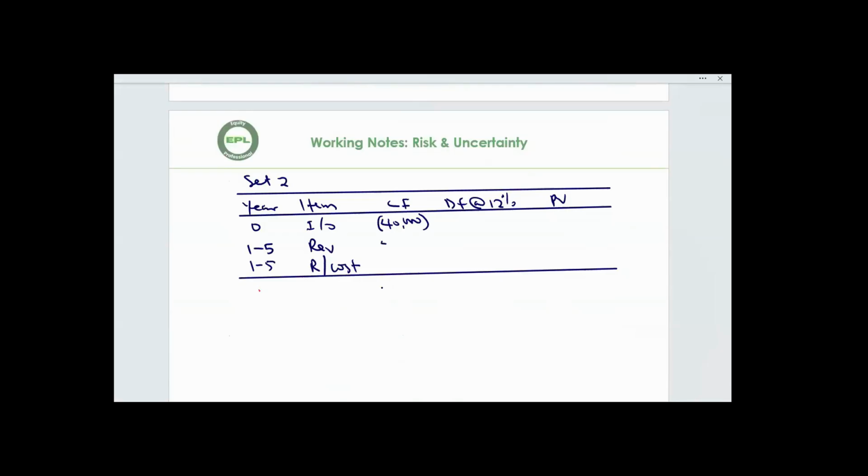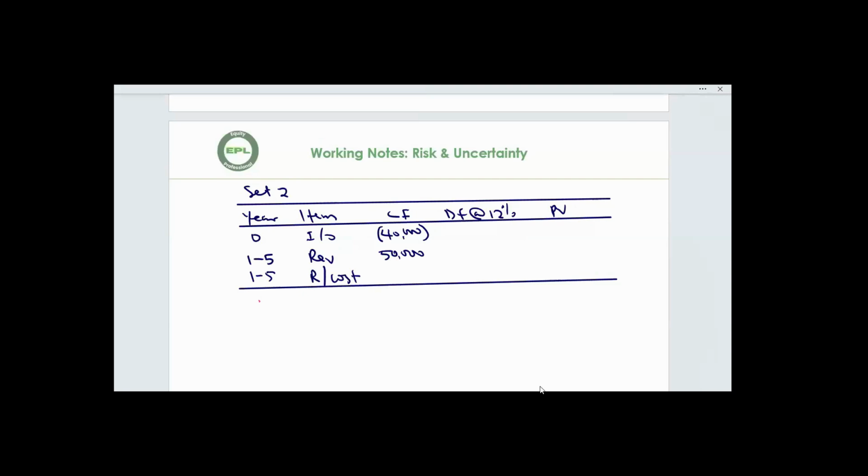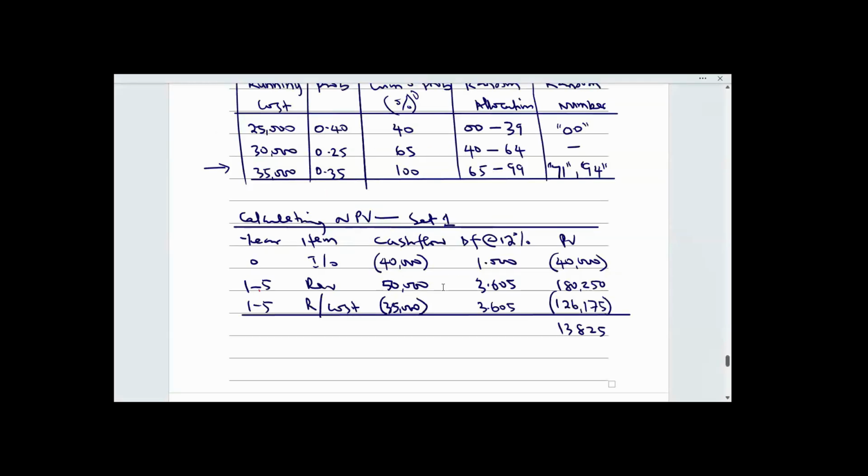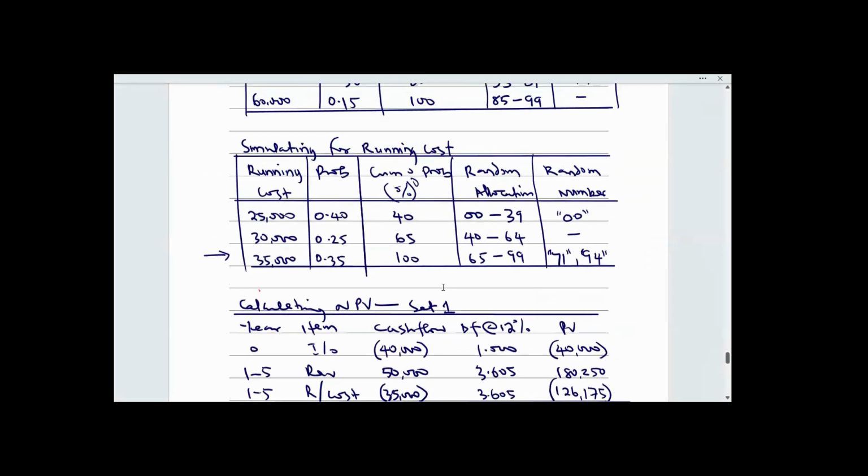So here will be 50,000. Then the random number for running cost, set 2, is 00. For our simulation, 00 is 25,000 naira.